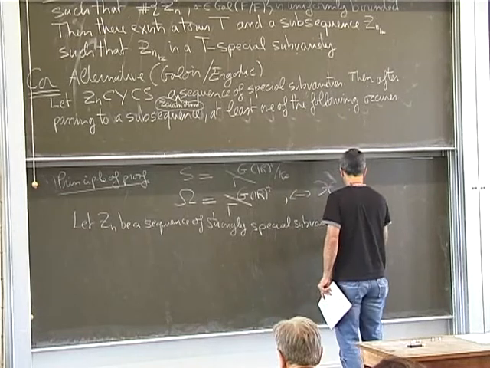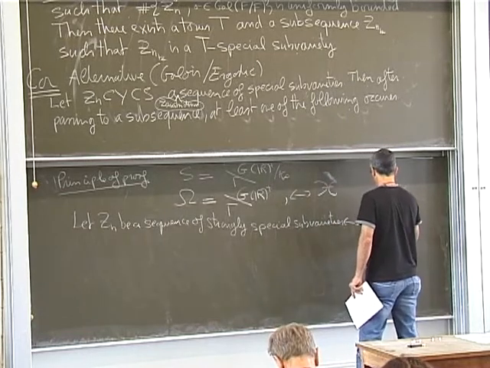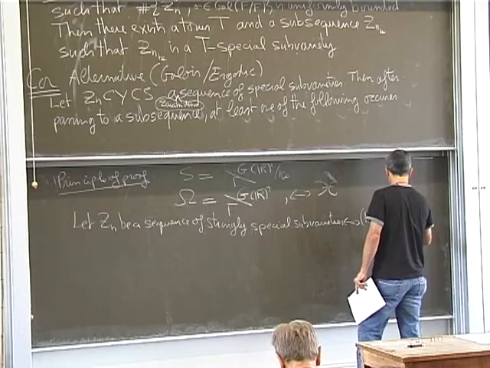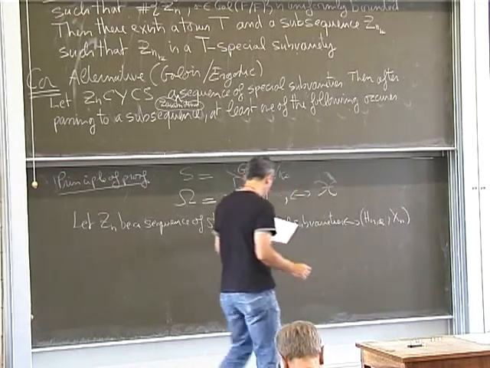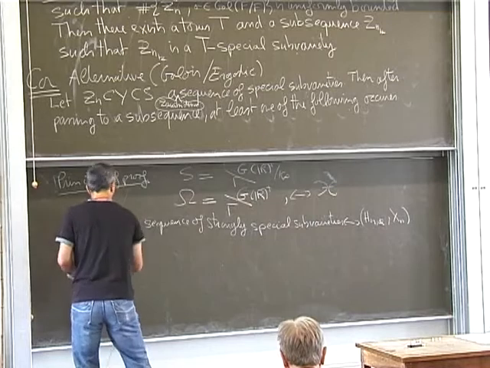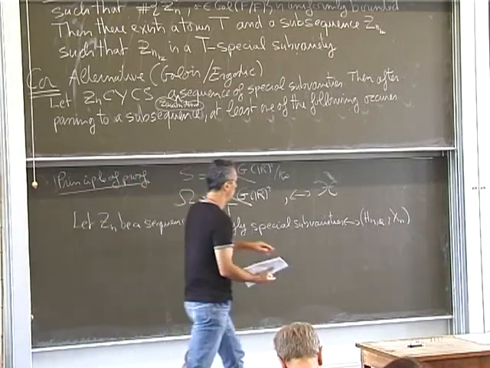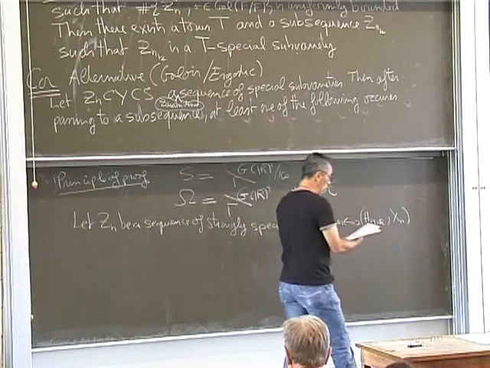So associated to this, you have some subgroup, say over Q, and some Hermitian symmetric spaces, X n. And so they are strongly special. So these are semi-simple.